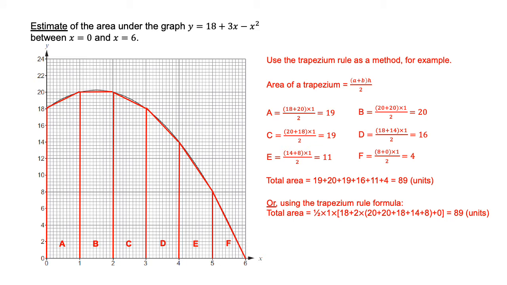Again, if you put these values in of the y coordinates, you should get the same value, which is 89 units. But as I said already, this is an estimate. It isn't the actual area of the graph between these two ranges.